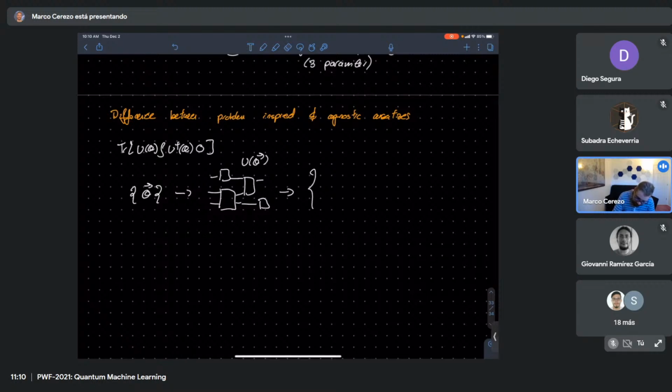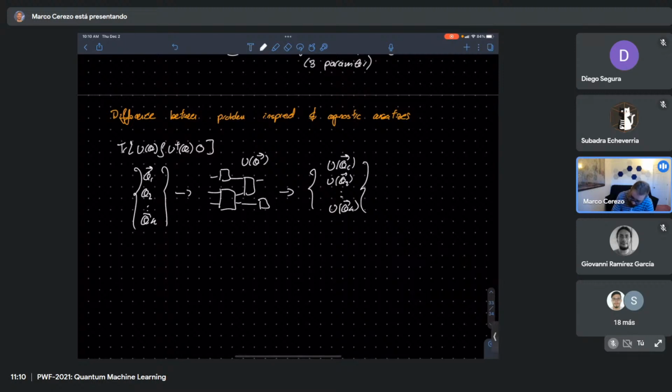And each set of parameters is going to have an associated unitary. So let's say that we have here multiple sets of parameters, like theta 1, theta 2, theta k. Each set of parameters, whenever we send it through the circuit, U is a map that maps parameters to unitaries, right? So we're going to have U of theta 1, U of theta 2, U of theta k.